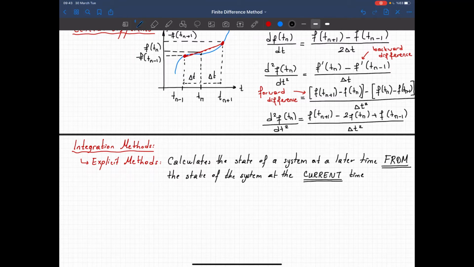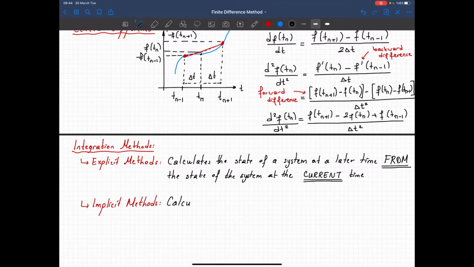Now we have the implicit methods. And we will be discussing what they really mean in the upcoming classes.